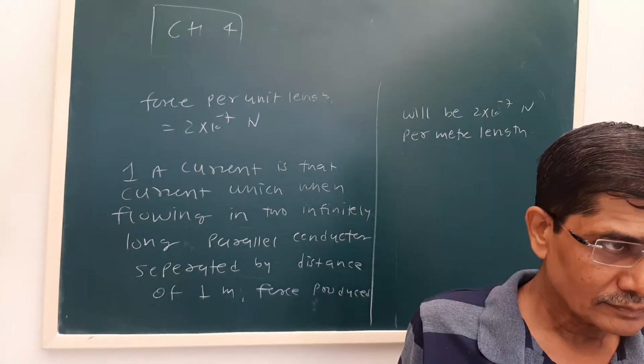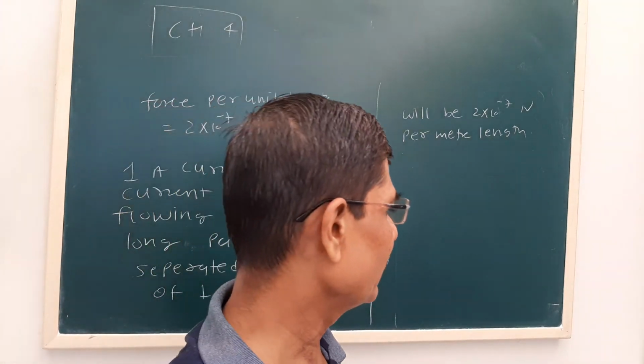So this is the definition of 1 ampere current.